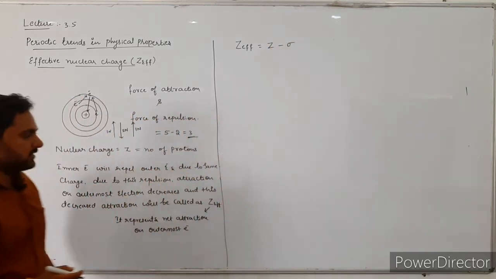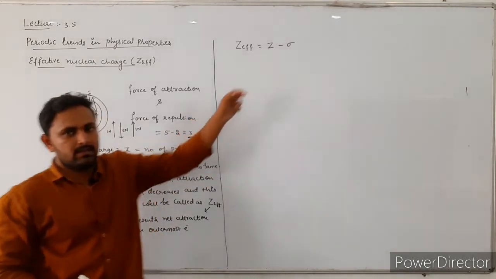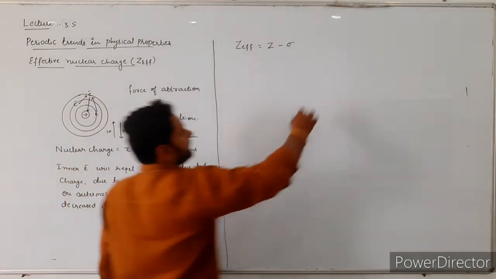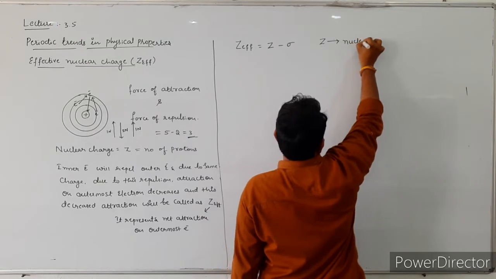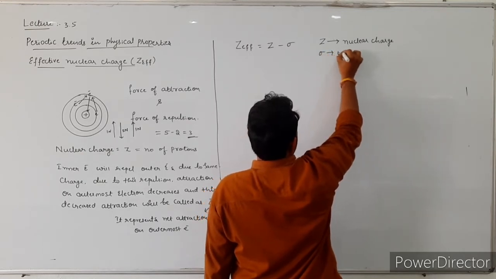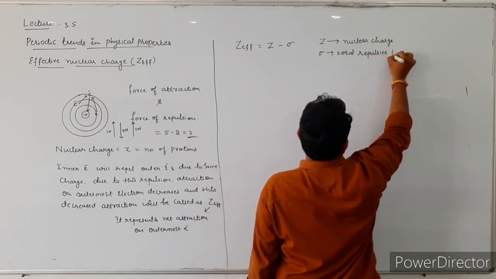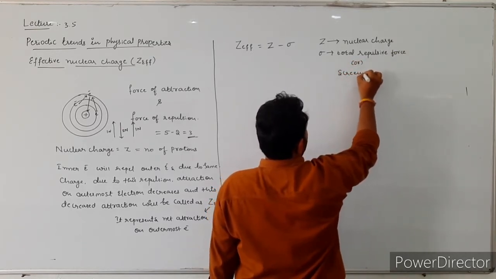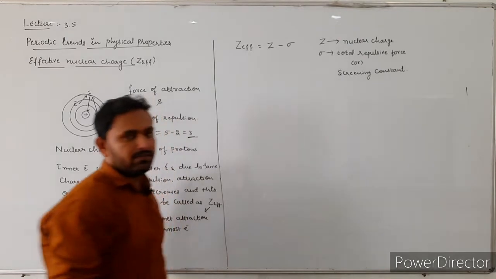Here Z means the nuclear charge, the total number of positive charges, and sigma is the total repulsive force, or we can call it the screening constant. This is the effective nuclear charge.